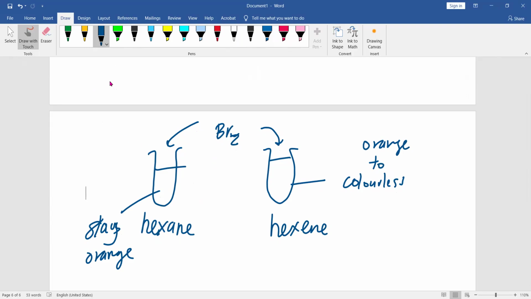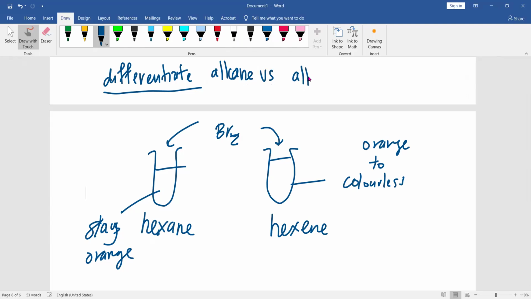This is the question that is asked every year. SPM also asks alkane versus alkene. Every year they will ask.